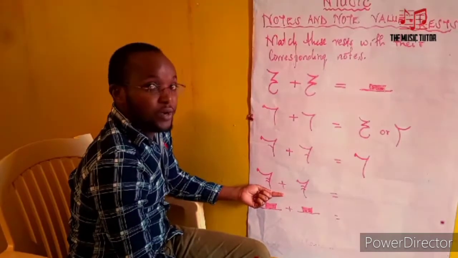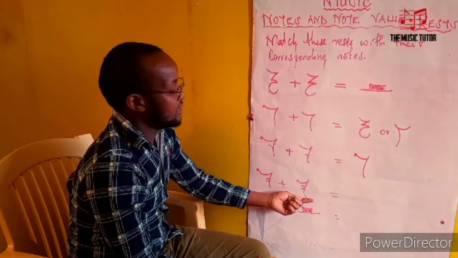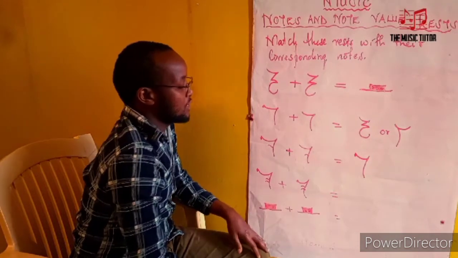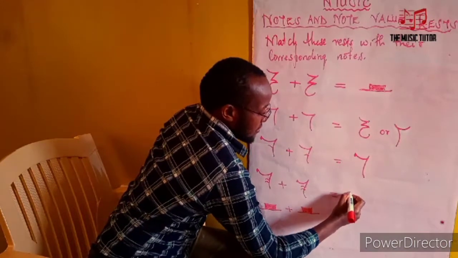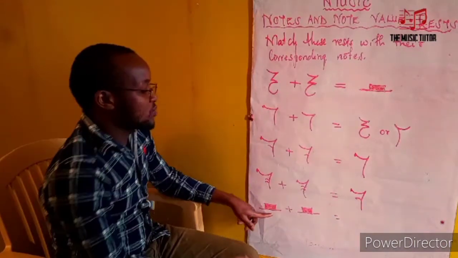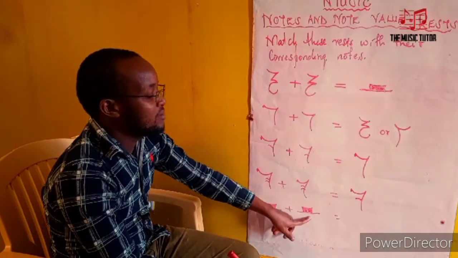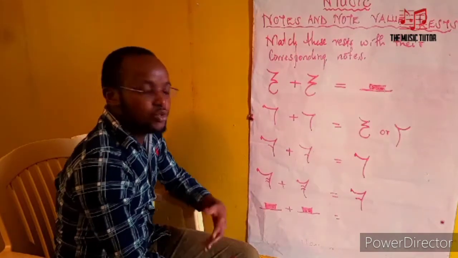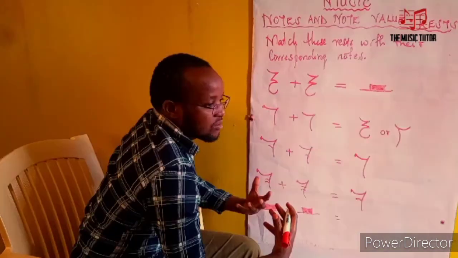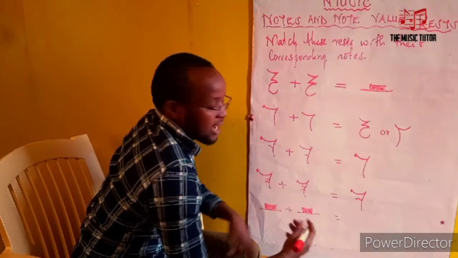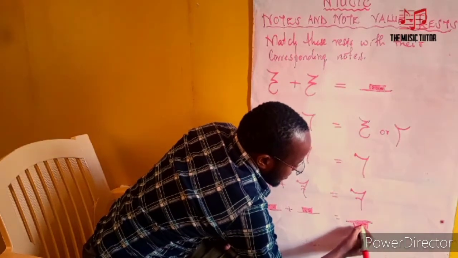A semi-demi-quaver plus a semi-demi-quaver adds up to a semiquaver rest. The last one, a minim rest plus a minim rest adds up to a semi-breve rest, which we said is drawn like an improper heart. So it's drawn like that.